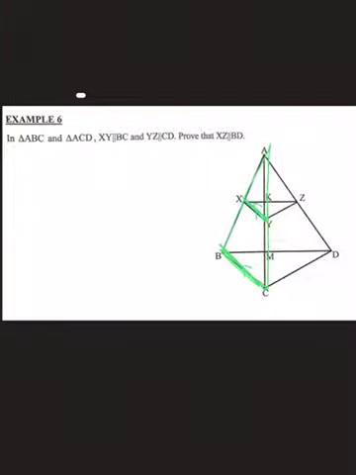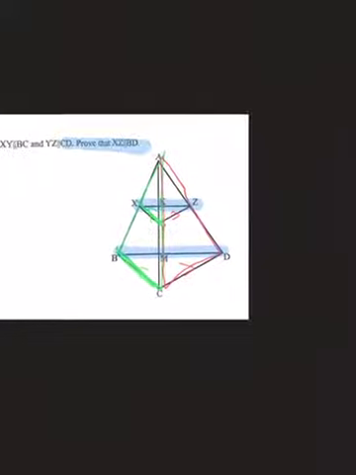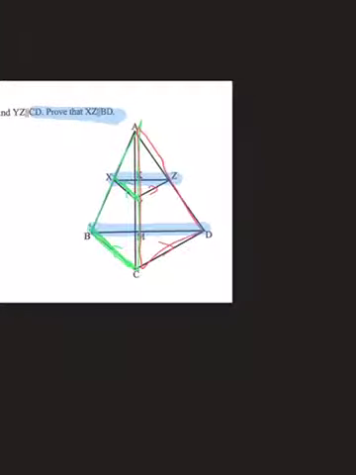And then I'm going to use a different color for the other triangle that they mentioned with parallel lines. Okay, and then the aim is to prove that XZ is parallel to BD. So that's what we're trying to get to. So the green and the red is what we know. So I'm going to go with looking at the green. It's sometimes a good idea just to draw the triangles out.